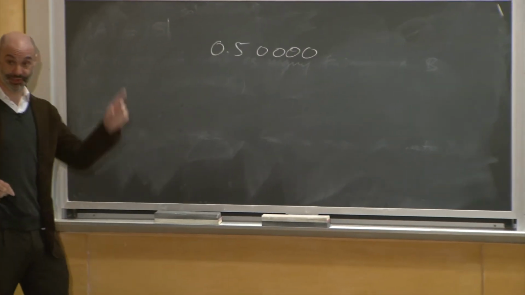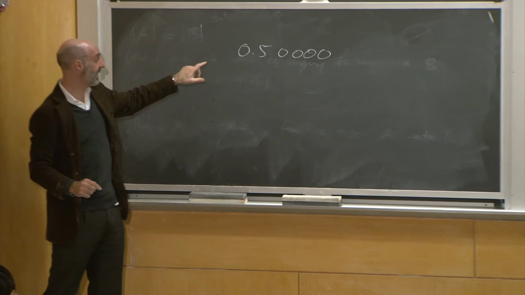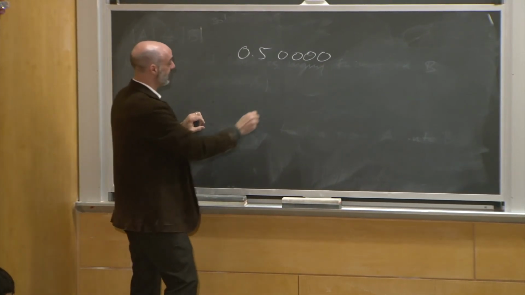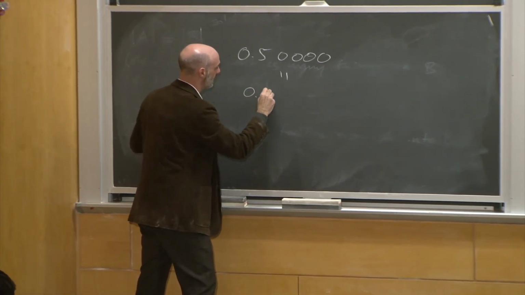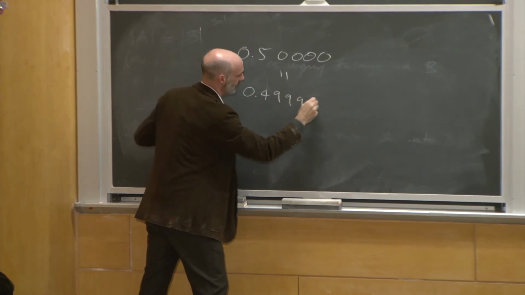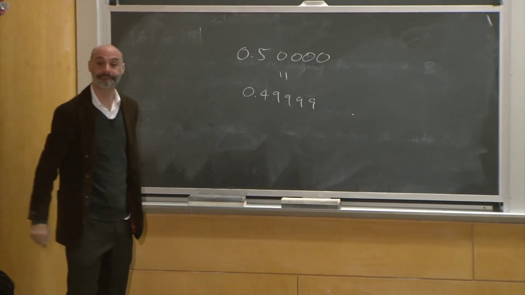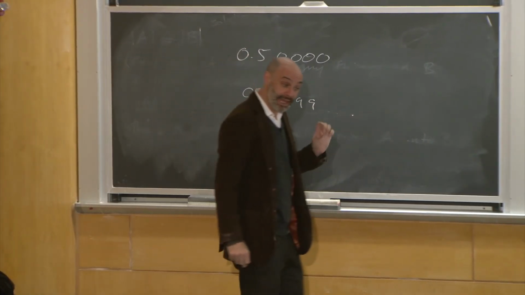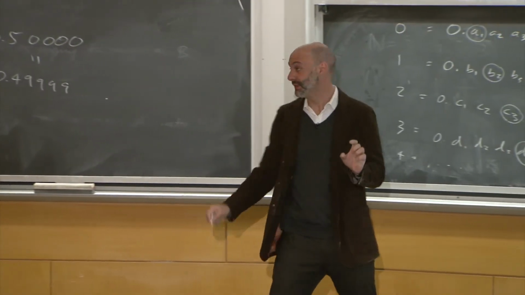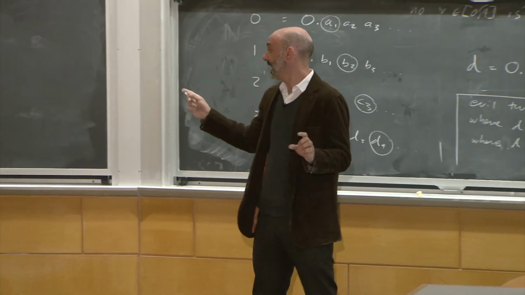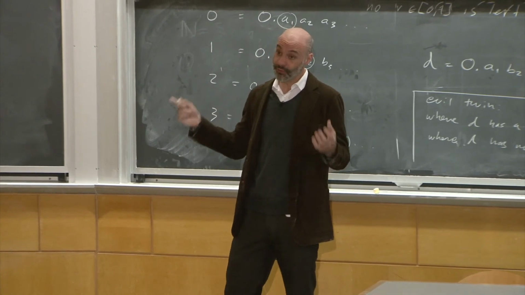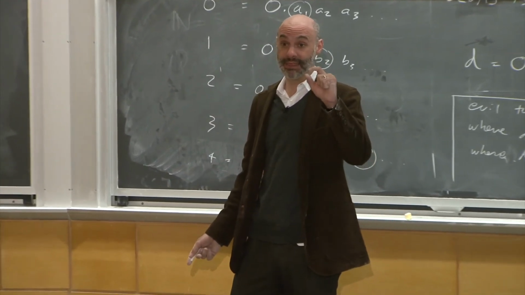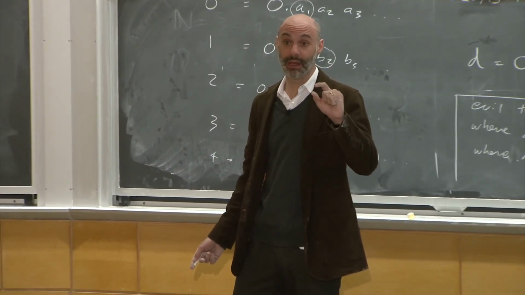one half, which is in there, can be written out like this, but it can also be written out like that. The way to know that those are actually the same number is that if they were different numbers, then the difference between them would have to be some real number.